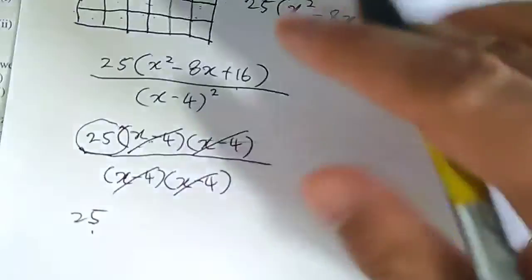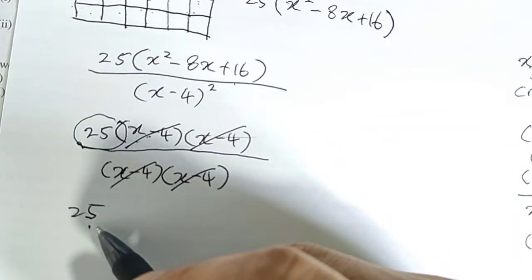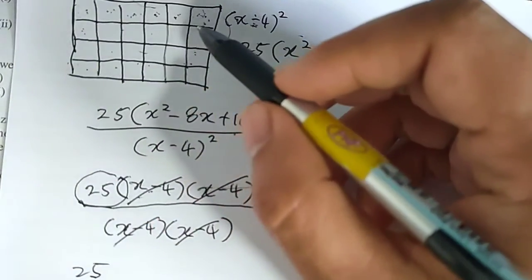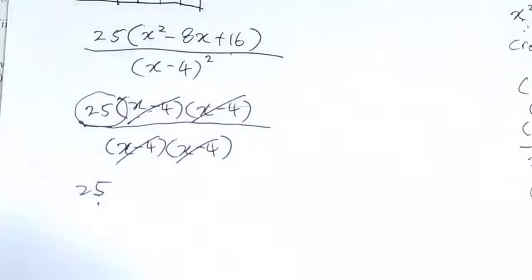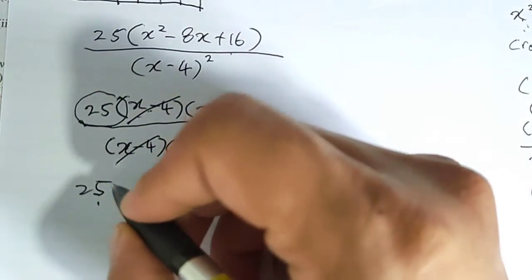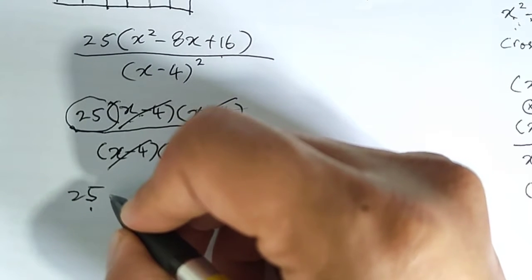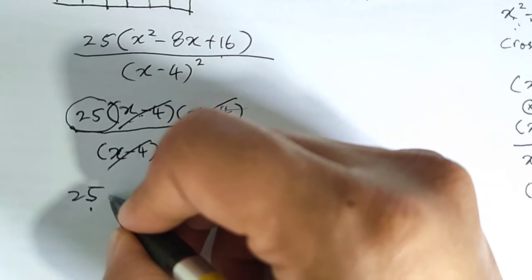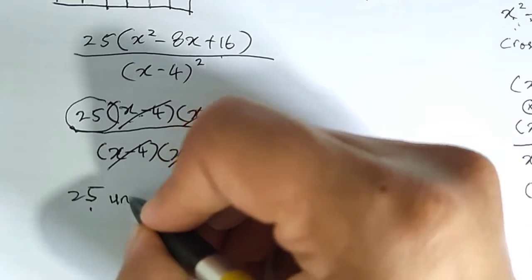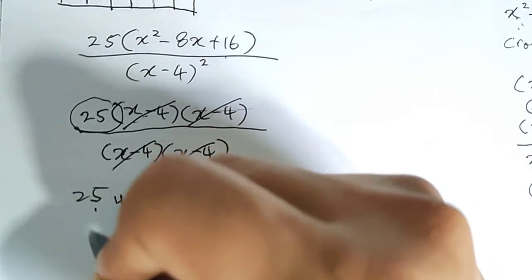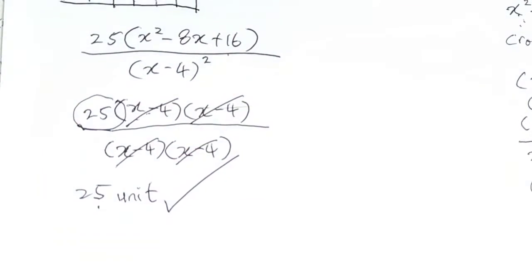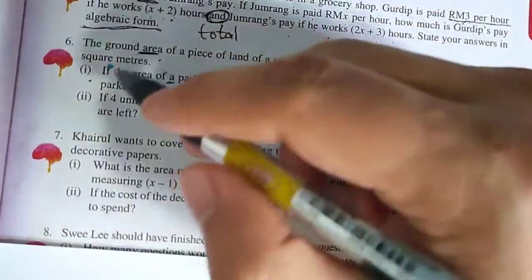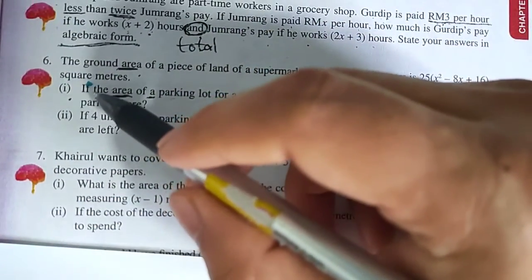So this 25 is actually how many parking lots there are. So the answer is going to be 25 units of parking lots. You could say something like that. This is okay. So we answered question number 1.